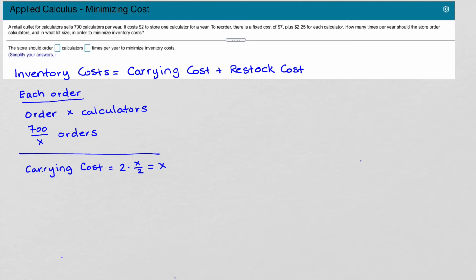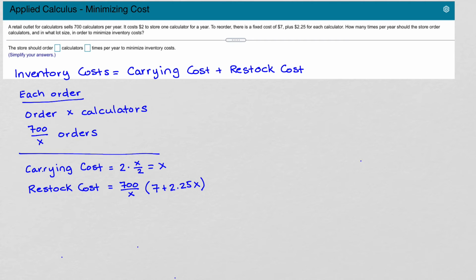Now I want to figure out my restock cost. I need to restock 700 over X times a year, so I'm going to start with that. I'm going to do this 700 over X times, and each time it's going to cost me $7 plus $2.25 per calculator.